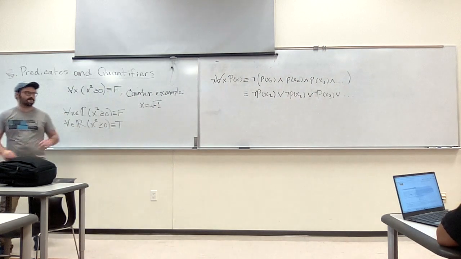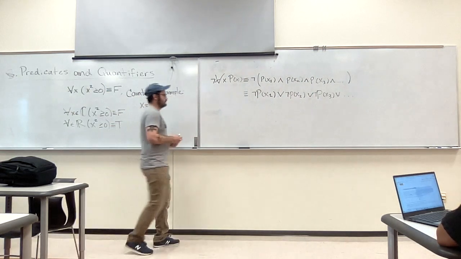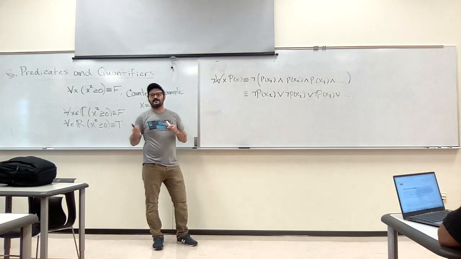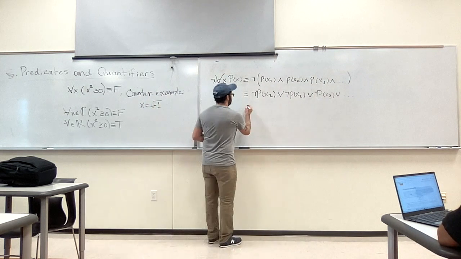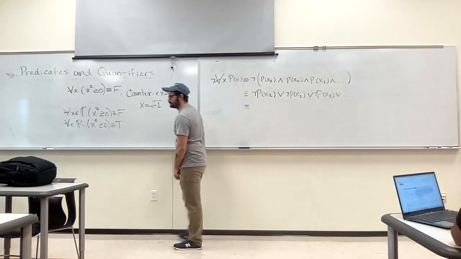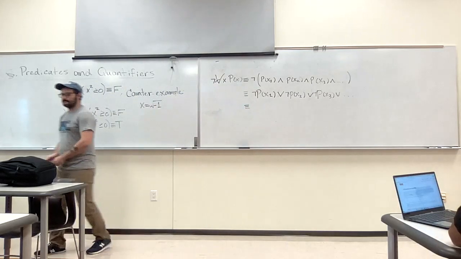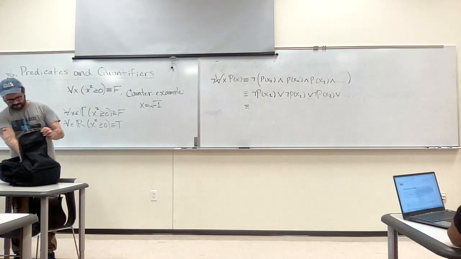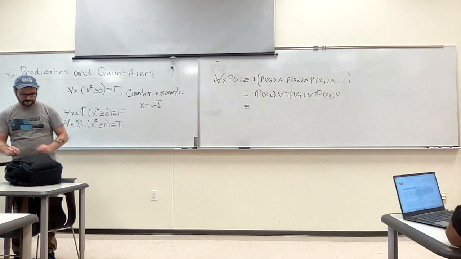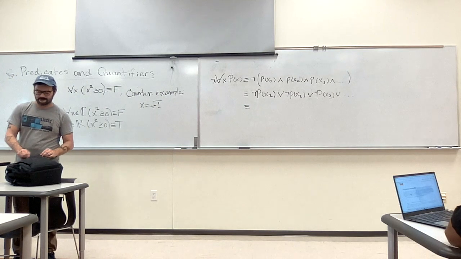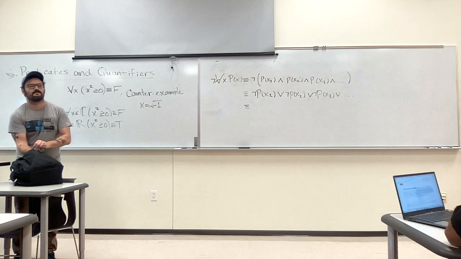Can we rewrite this a certain way? This is or taken over all the things in the domain of interest. What is that? It's okay if you don't see it, but it's something that we just looked at.